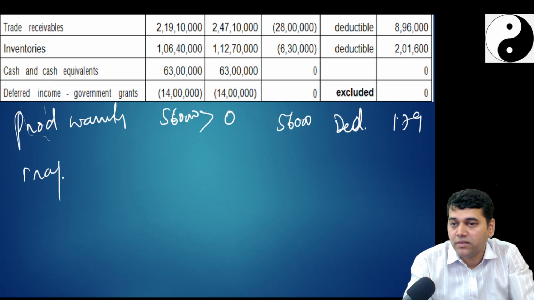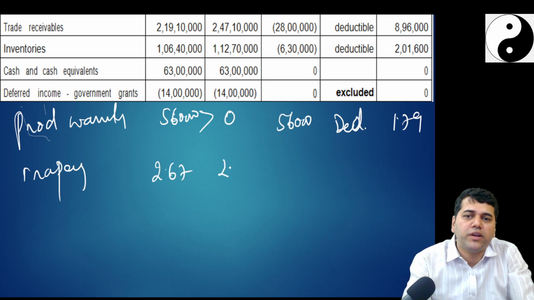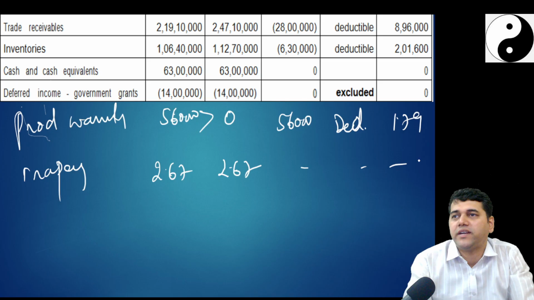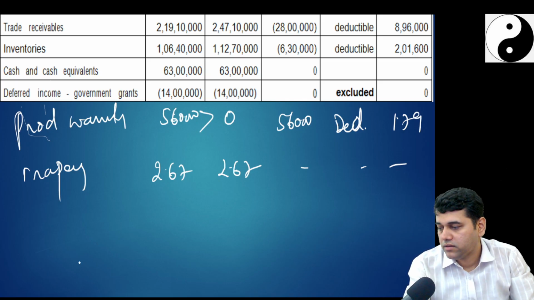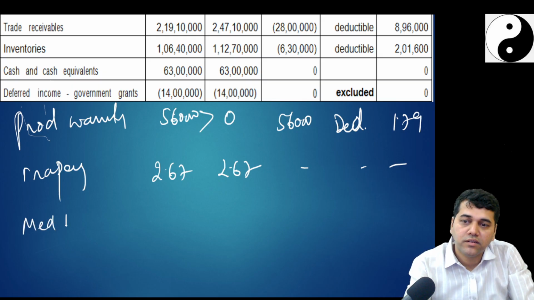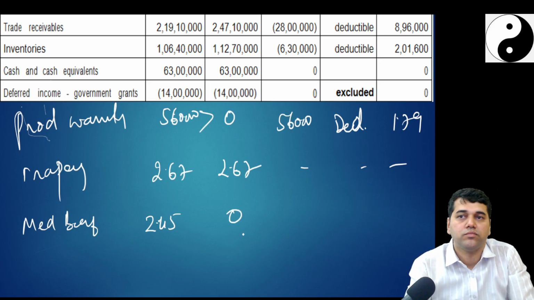Trade payable: 2.67, 2.67, no adjustments, no deferred tax. Is there some? Yeah. Medical benefits. So you have got 24.5. What is the tax base? 0.